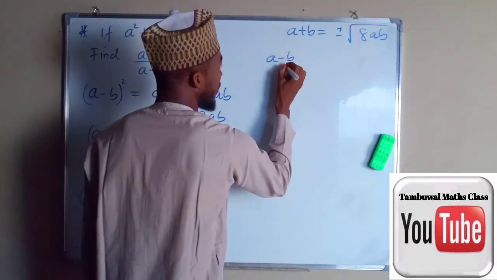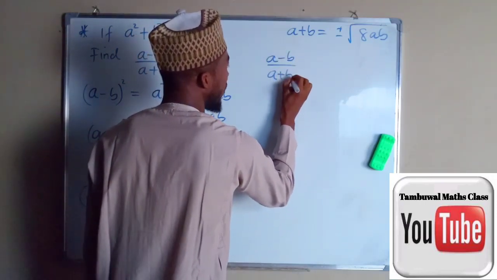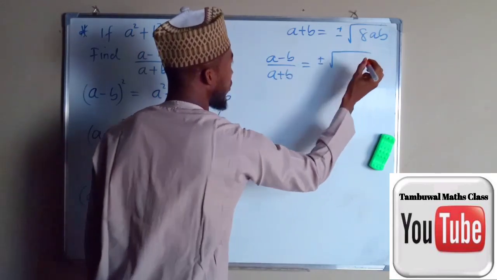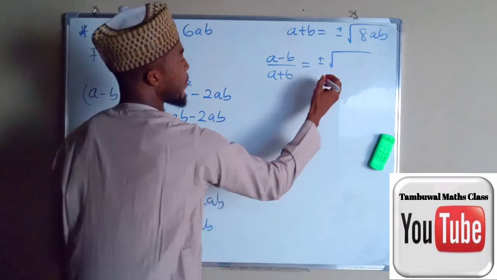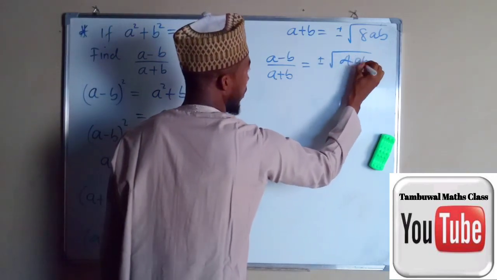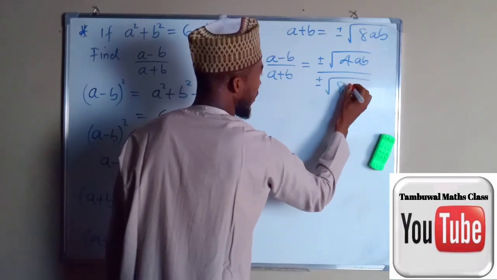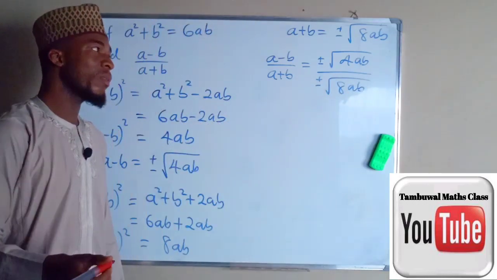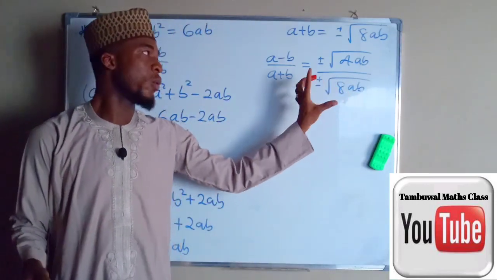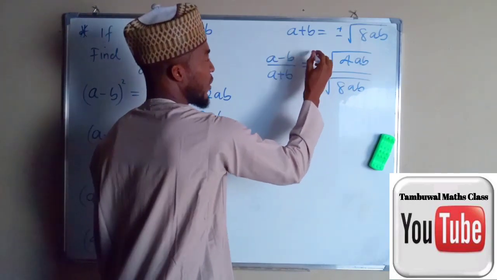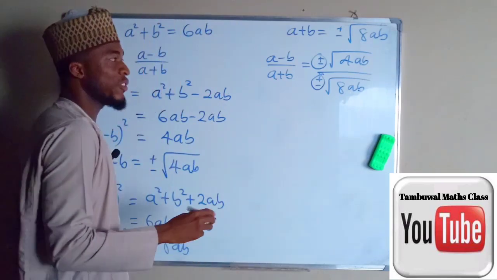a minus b divided by a plus b is now going to be equal to plus or minus square root of 4ab divided by plus or minus square root of 8ab. Since we are dealing with division, we can connect the two square roots together, but this one and this one have already taken care of each other.